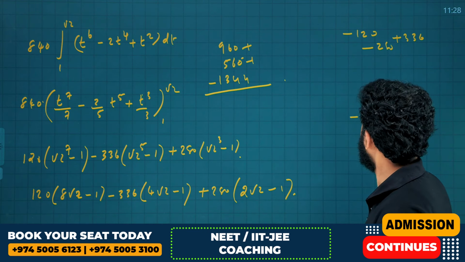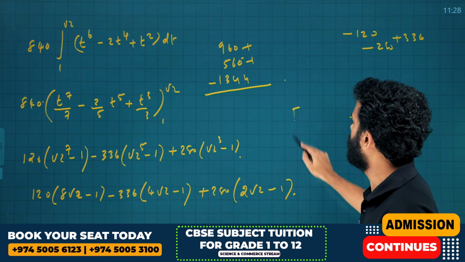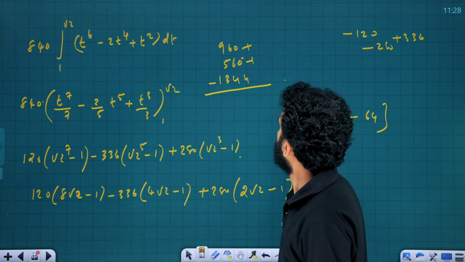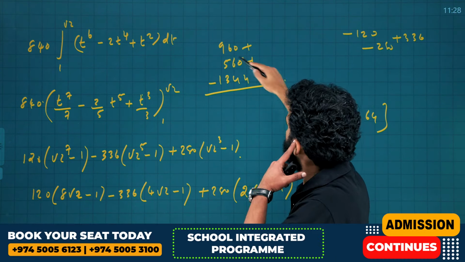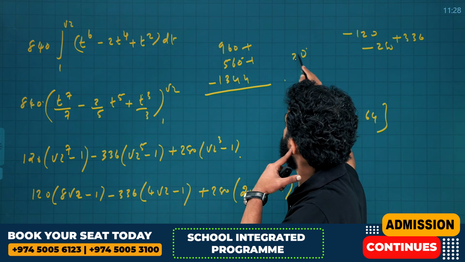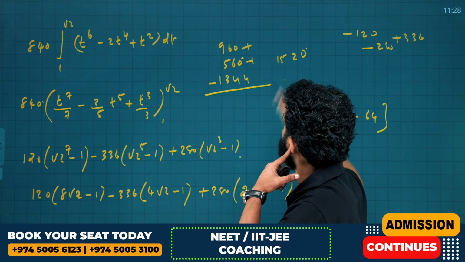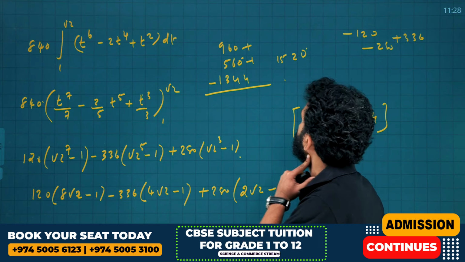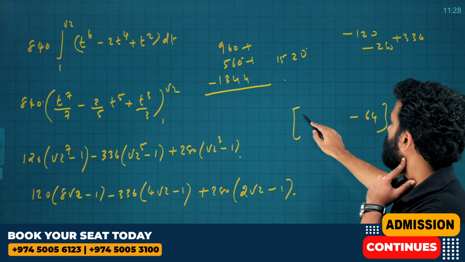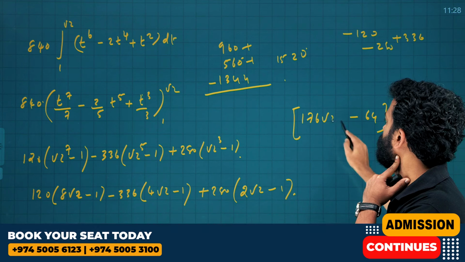This will be minus 64. If you add and subtract the root 2 terms, you will get 176 root 2 minus 64.